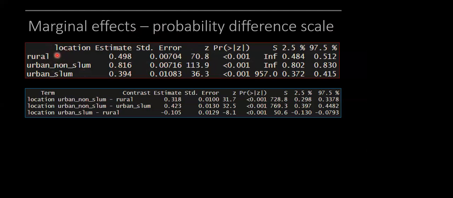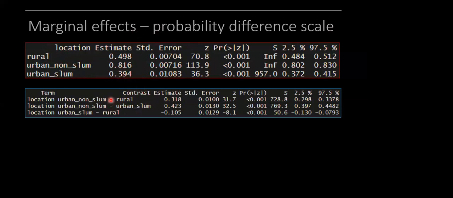And so we can look at the mean probability, or the mean proportion, of the observations in the rural area. So it's saying about 50% of rural facilities are ready, about 82% in non-slum areas are ready, and about 40% in slum areas are ready.